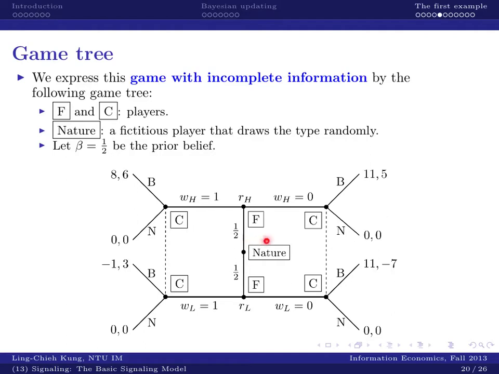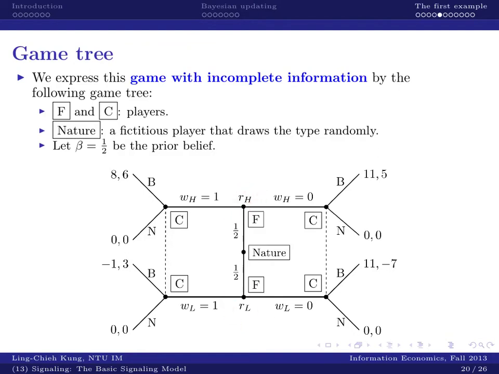We have a special player, nature, which is not really a player, but something you may treat as a randomized decision to represent the fact that RH or RL is random and will be realized. Nature chooses RH or RL randomly.